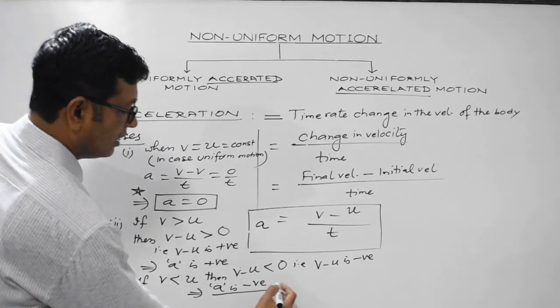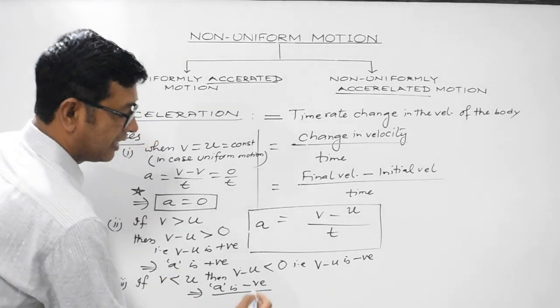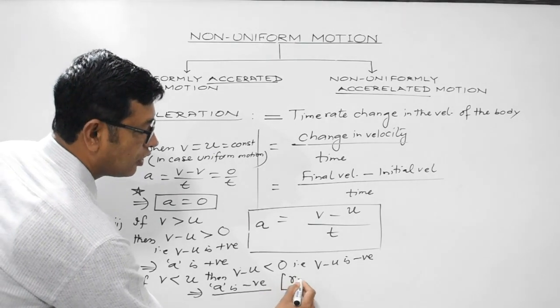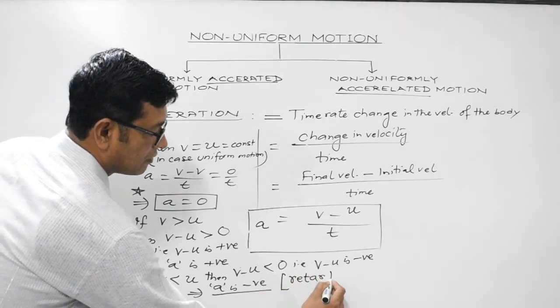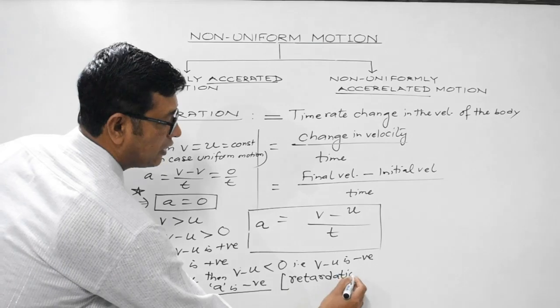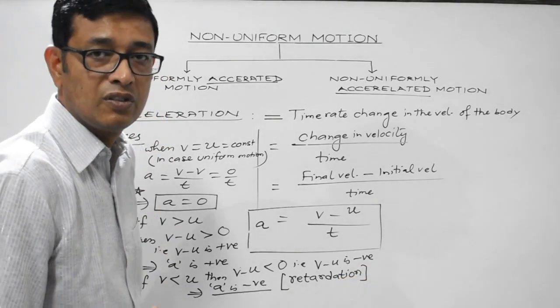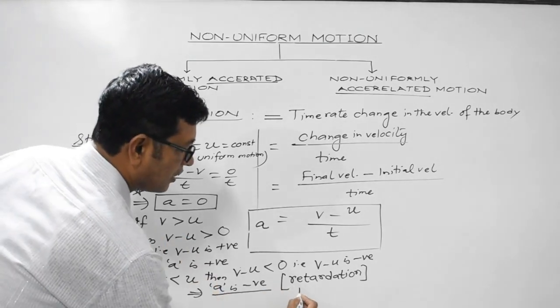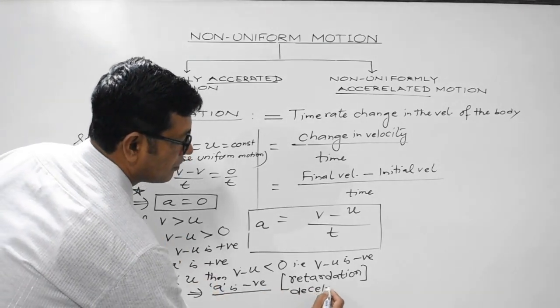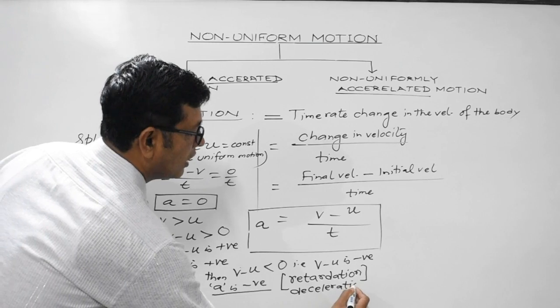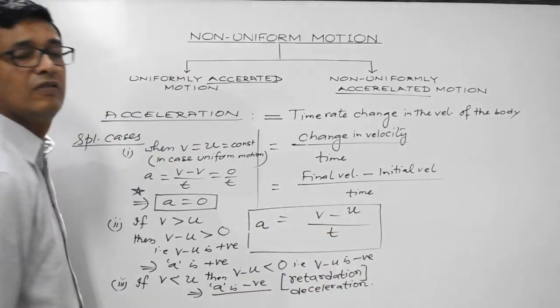So therefore, in this case, A is negative. It means that it is the case of retardation. Retardation also is known as deceleration.